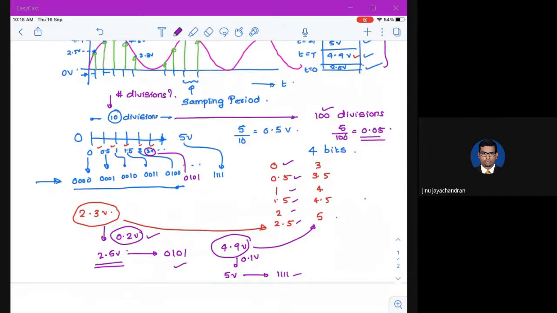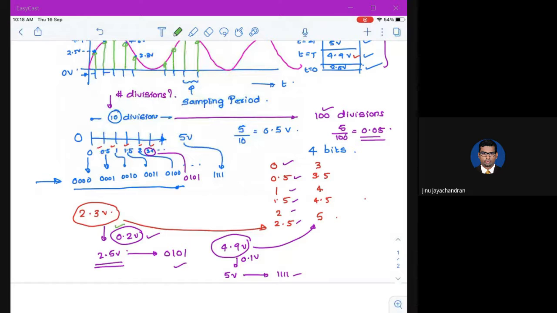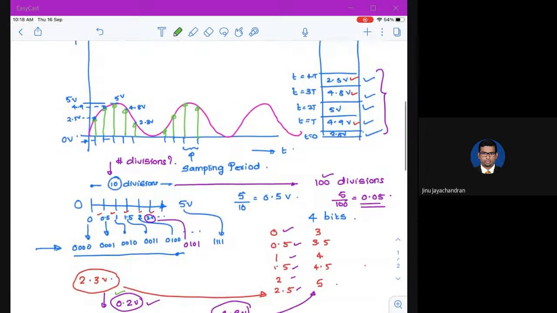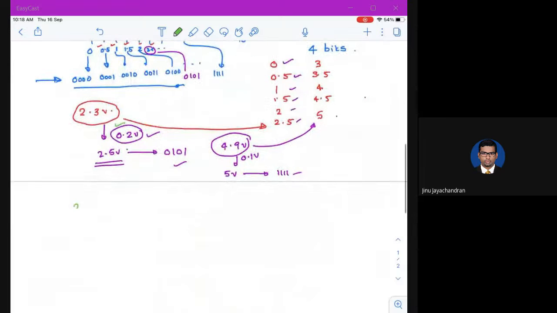Accuracy means that you have seen that there is an error of 0.2 volt. This is actually an inaccurate result because there's an error. But if you make that division 0.05, then you can accurately specify in bits what the value is. For example, if it is 2.3 volt, there will be a division corresponding to 2.3 volt because of 0.05.